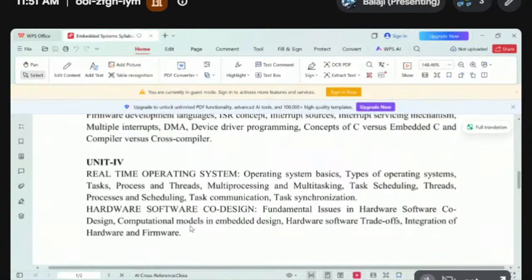Suppose one of the servers in the embedded system is in a high position and has high speed, and the client has low speed. Then we need synchronization. It means we have to maintain the same speed between sender and receiver, that is, the server system and the client system.